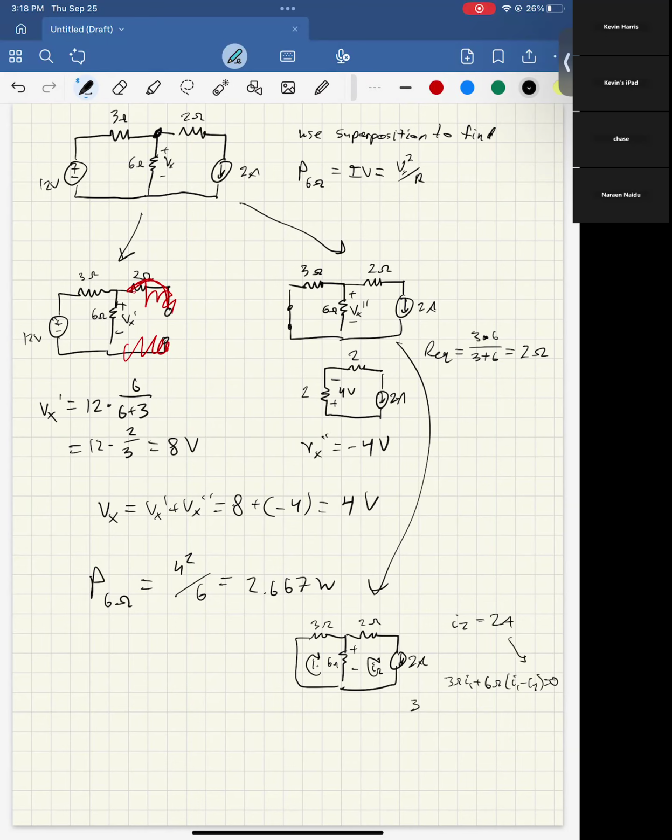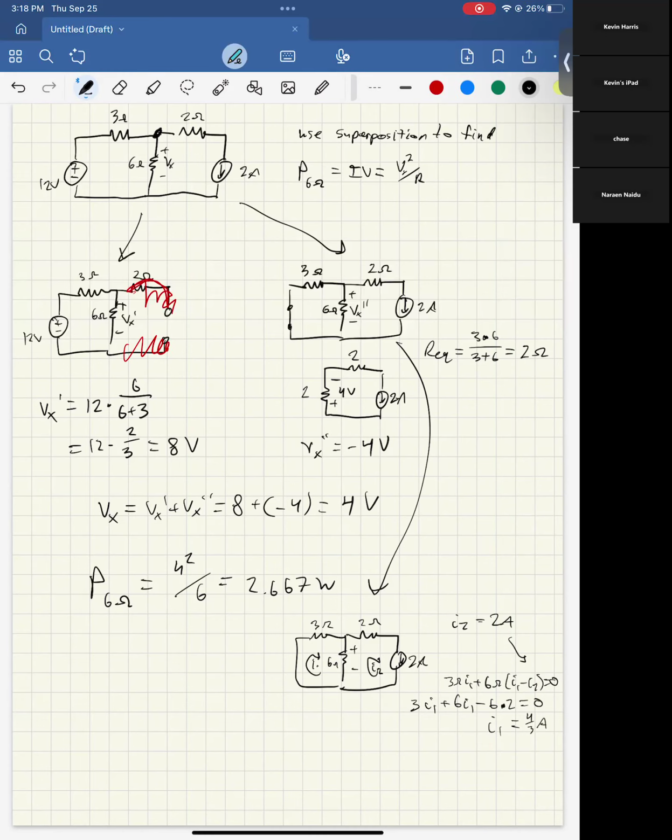So it would be 3 I1 plus 6 I1 minus 6 times 2 equals 0. Solve that, pretty straightforward. It'll be 12 over 9, so you get 4/3 amps for I1.